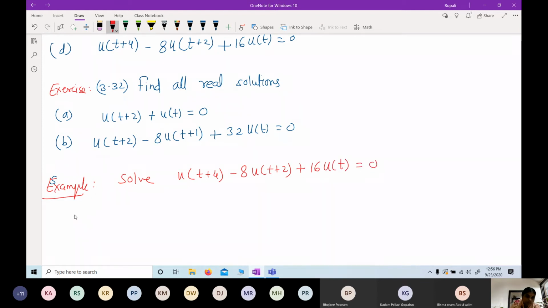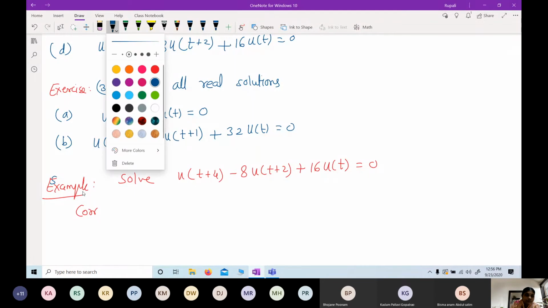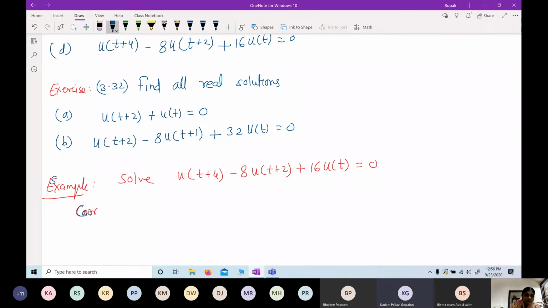So what is the corresponding characteristic equation? Once we have a linear difference equation with constant coefficients, what is our first step? We have to write its corresponding characteristic equation. Then we have to find its characteristic roots, and depending on the characteristic roots, we have to write its solutions.